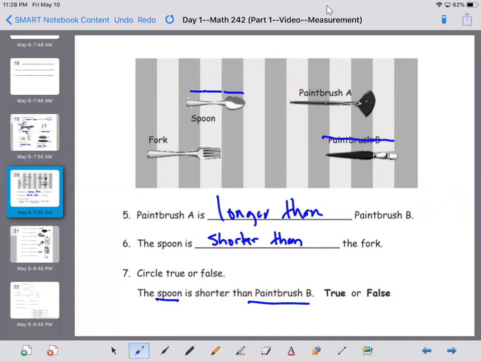So the spoon is shorter than paintbrush B. That would be true. And you would want these types of questions if they're going to answer true or false, you have a 50-50 shot there. At least have them justify how they know that in determining those answers.